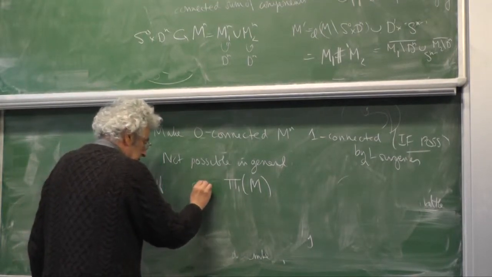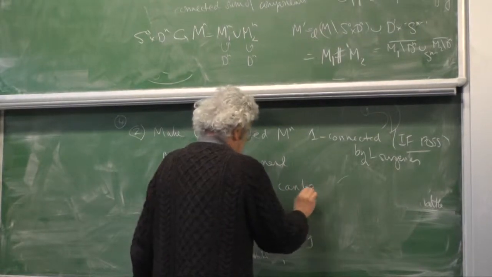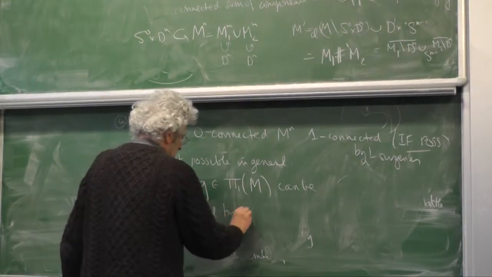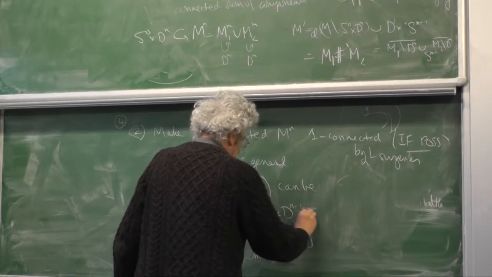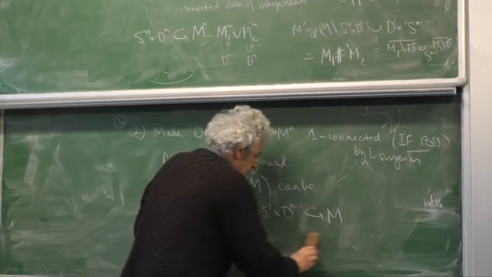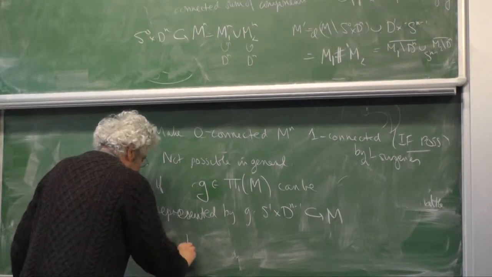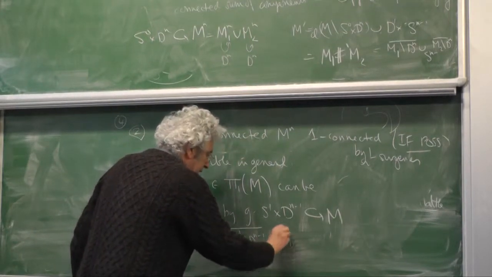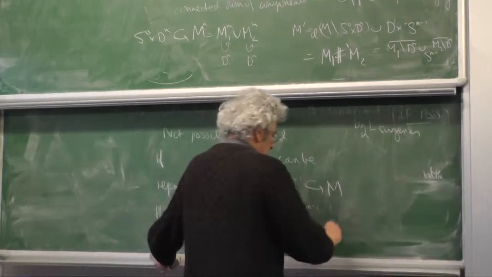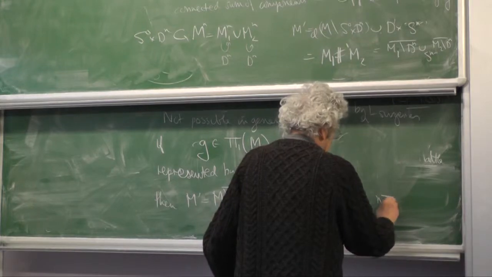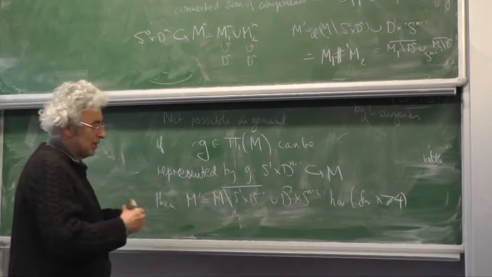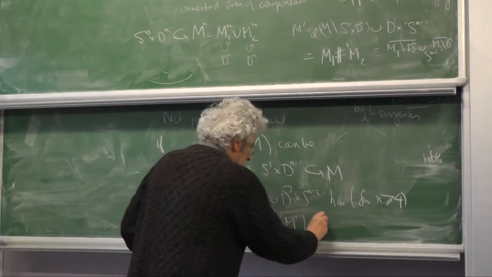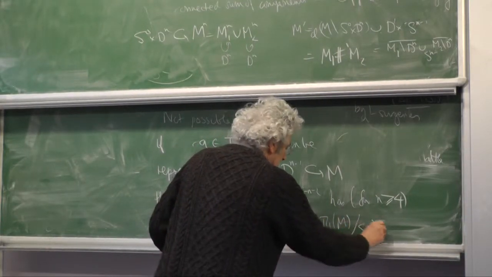If g can be represented by an embedding S^1 times D^(n-1), then M prime, a nice exercise in the Van Kampen theorem, for at least n greater or equal to 4, the first time that you can see explicitly why in high dimensions, has pi 1 of M prime a quotient of pi 1 of M, so it's smaller. That's the normal subgroup generated by this.